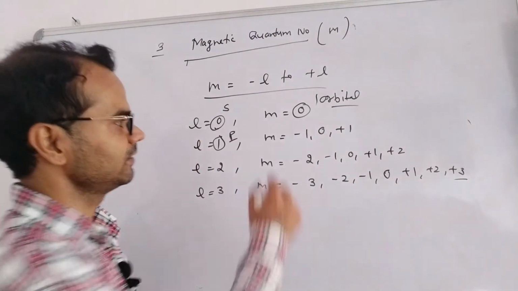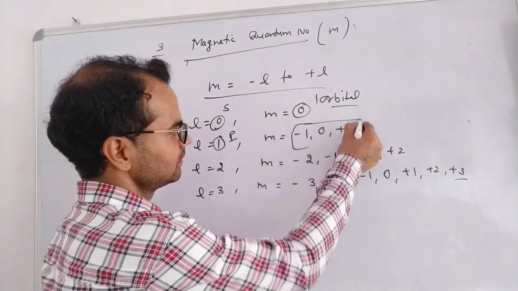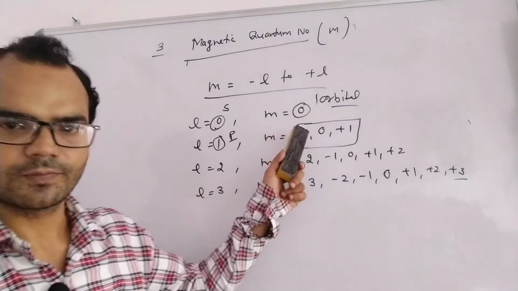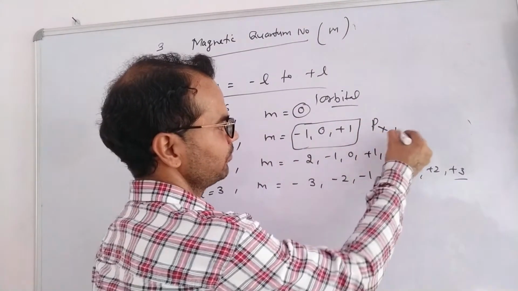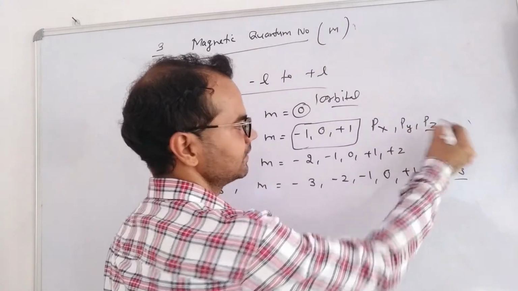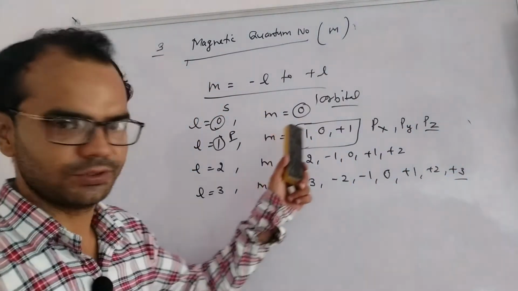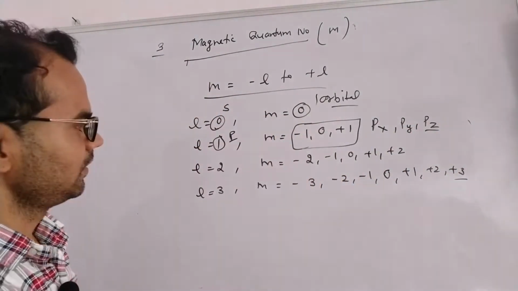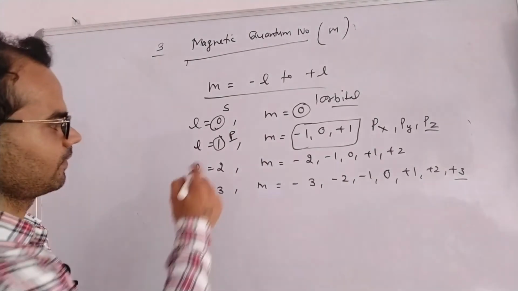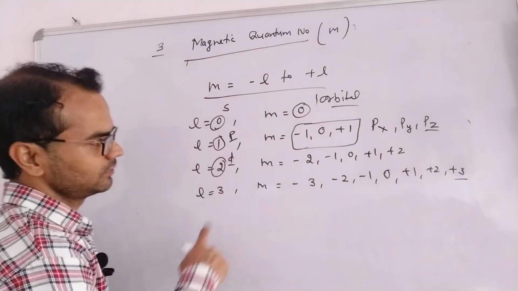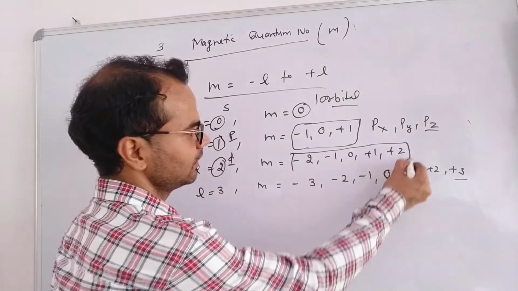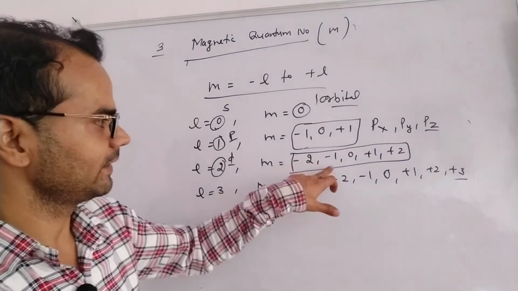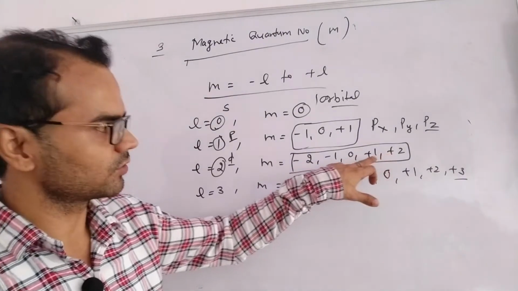The p subshell contains 3 orbitals, minus 1, 0 and plus 1, and they are oriented along 3 axes, so their names are px, py and pz. l equal to 2 stands for d, so the d subshell contains 5 orbitals: minus 2, minus 1, 0, plus 1 and plus 2.